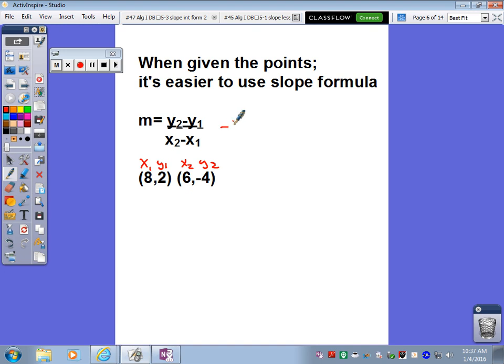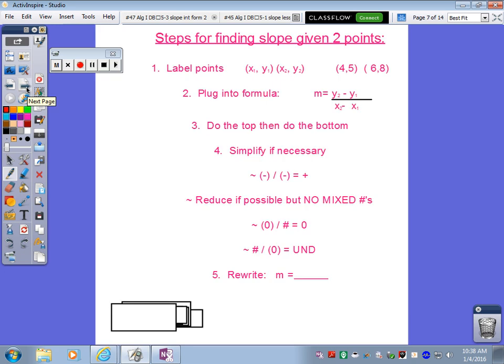So here we have negative 4 minus 2 over 6 minus 8. This gives me negative 6 on the top, negative 2 on the bottom. So this slope is positive 3. So here's another way for finding slope given 2 points. You label them x and y.